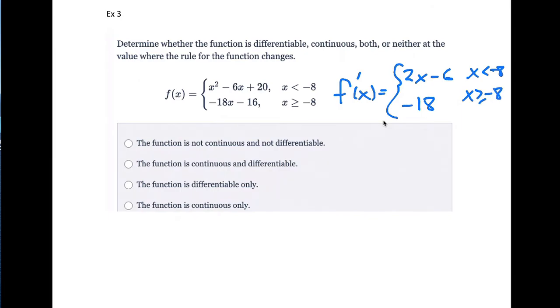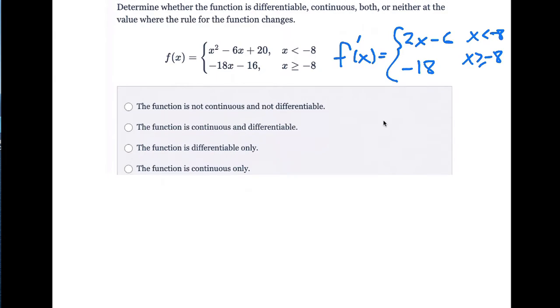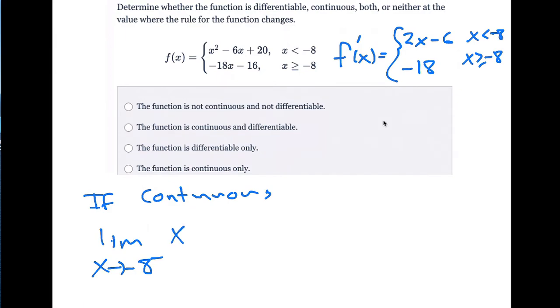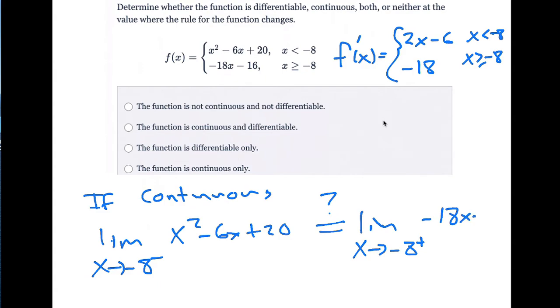So if we wanted to figure out if it's continuous, let's check that first, because if it's not continuous, it's not going to be differentiable. If it's continuous, then the limit as x goes towards -8 from the left side, which is x squared minus 6x plus 20, would have to be equal to the limit as x goes towards -8 from the right side, which is -18x minus 16.